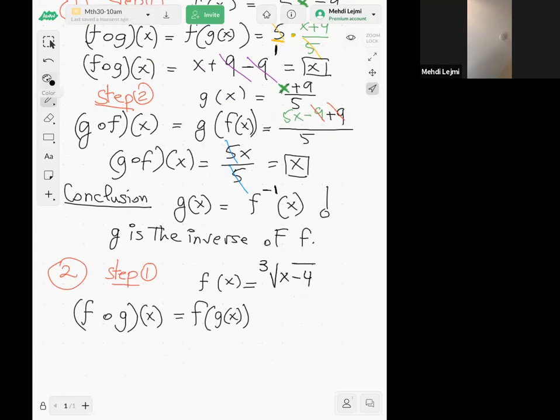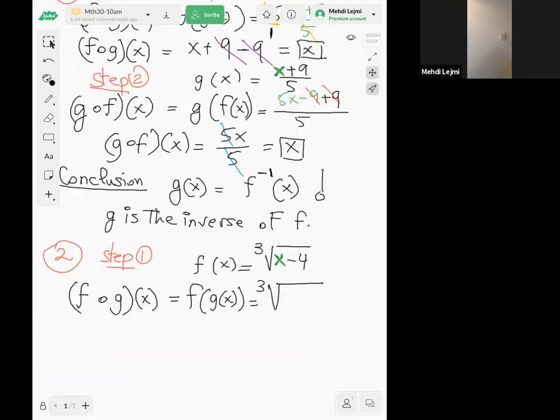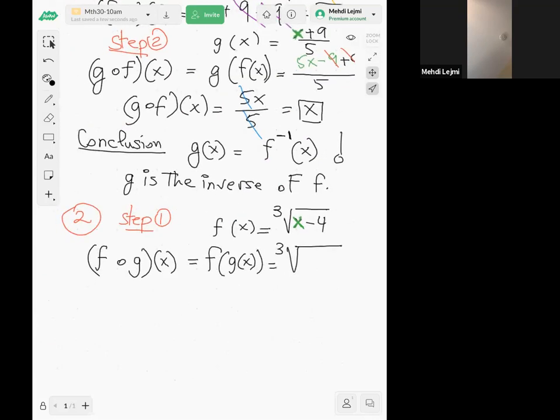So we do have an x in here. Here's my x. All right, so this f of g of x is going to be the third root of my g minus 4. My g of x is x cubed plus 4. That's my g of x.